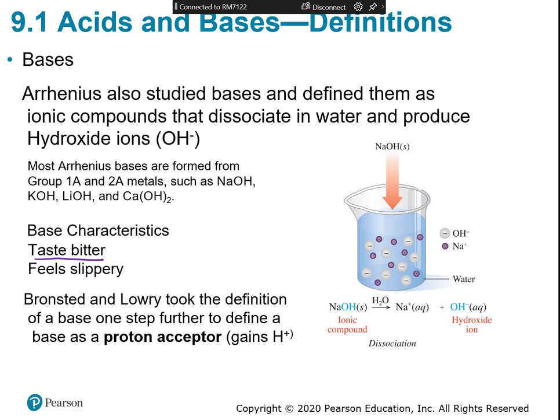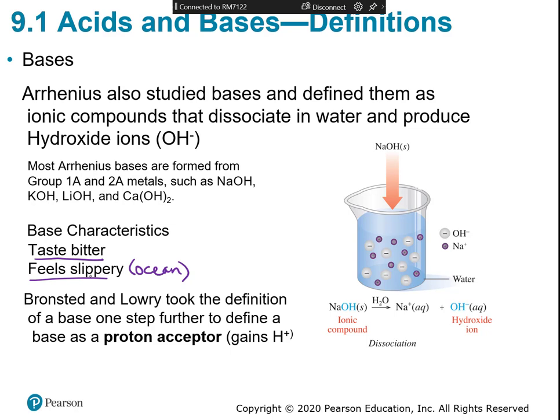The other thing though, remember when I said that acids dissolve grease? Bases actually leave a slippery feel on your skin. So if you've ever been swimming in the ocean, you know how your skin feels really slippery when it's wet as you're swimming along? That is because the ocean is slightly basic. So it's not a strong base, but it's slightly basic, which gives it that characteristic feeling.